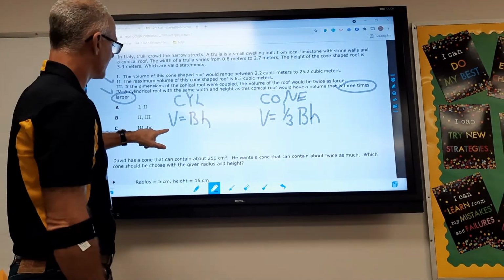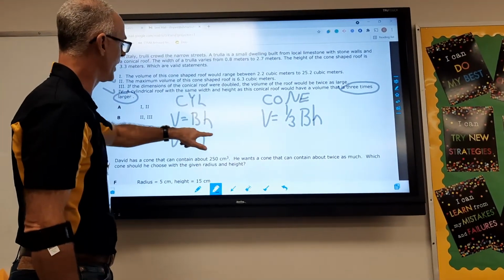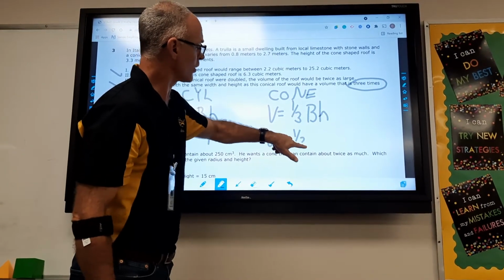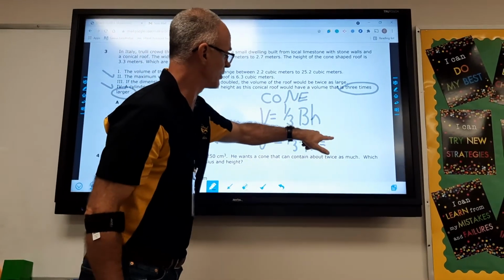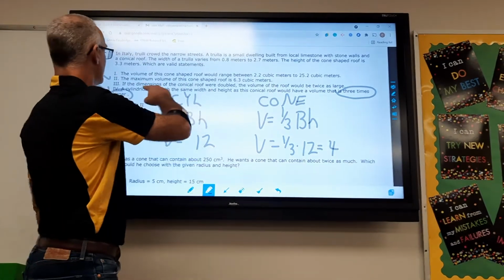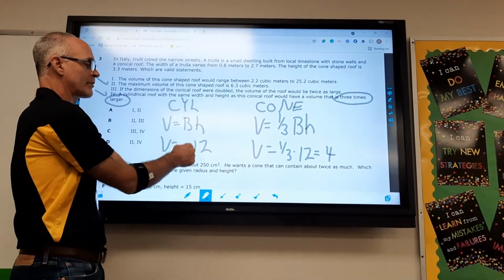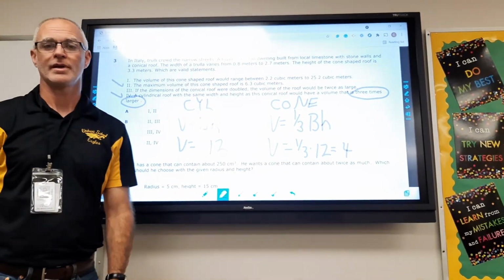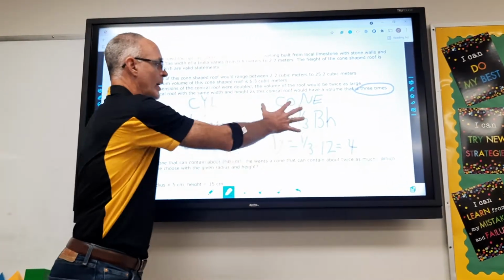So if we did this, volume equals 12, and over here, that's 1/3 of 12, which would be 4. So the cylinder is 3 times larger than the cone. That's the deal. That's the relationship between those equations.